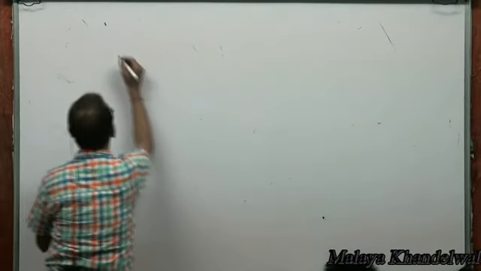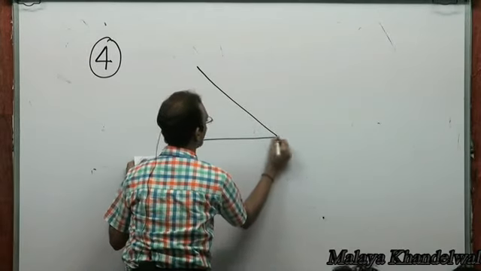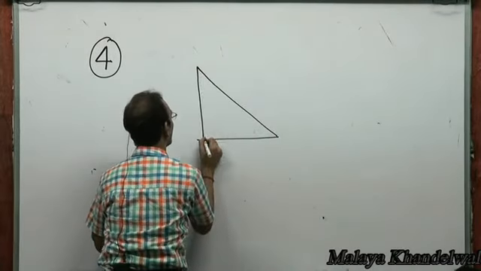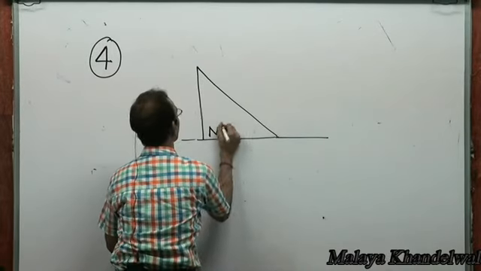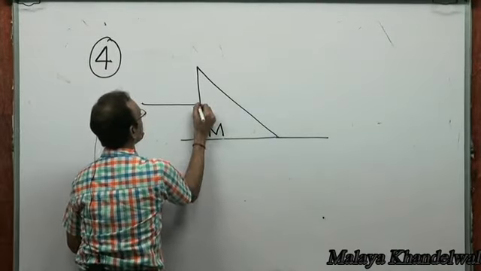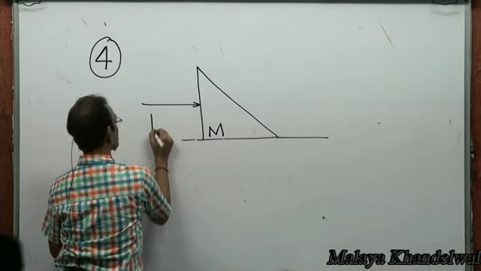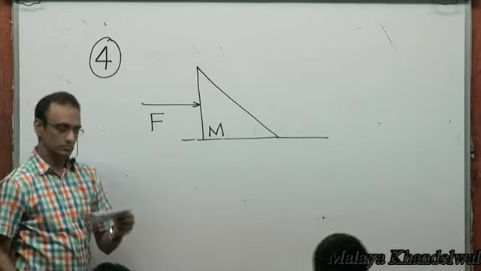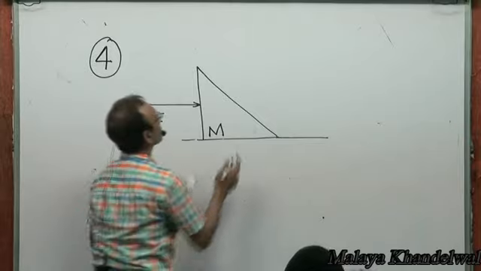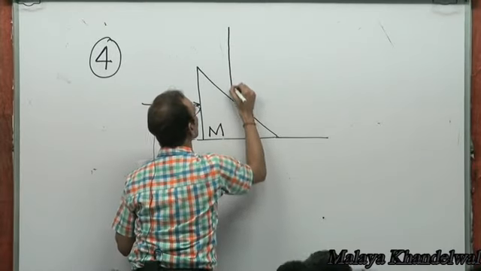Okay. Problem number 4 is as follows. There is a wedge of mass capital M and is being acted upon by a force capital F directed rightwards as shown. There is a rod which is constrained to move vertically.